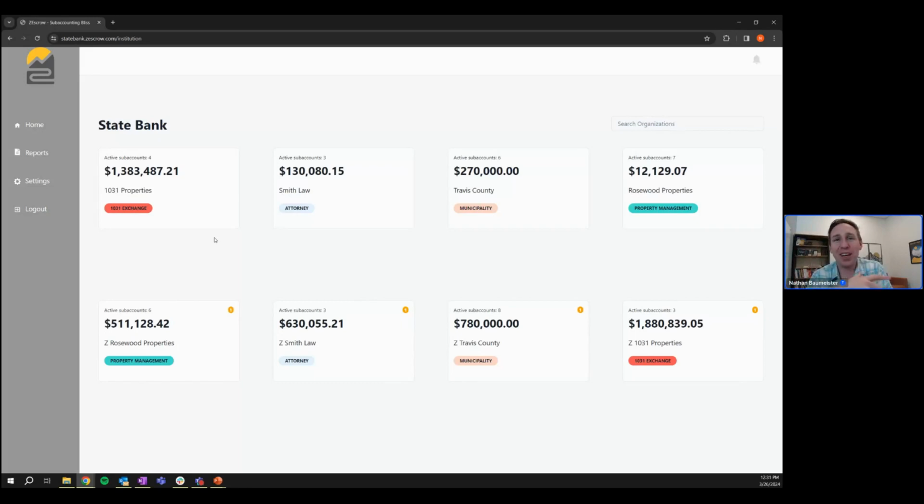The first level of access, and what you're looking at here, is the bank's access. State Bank can go into any of these tiles, which represent the second level of access: the commercial customers themselves, who are able to log in to manage their own sub-accounts or escrow accounts. And then the third level of access is the beneficiary. If there is a beneficiary attached to the escrow account, their access is limited, and it is also optional.